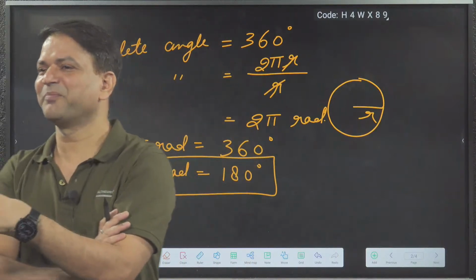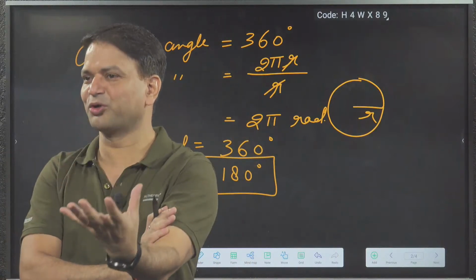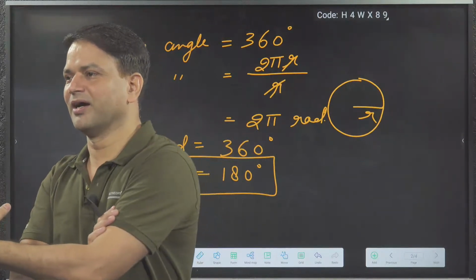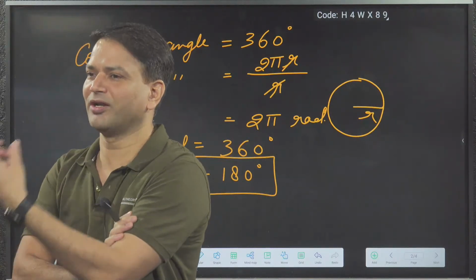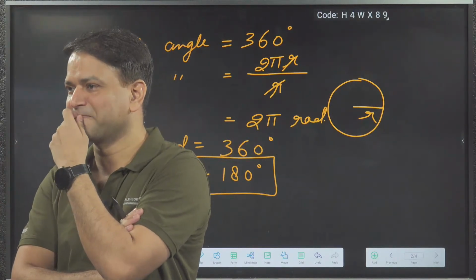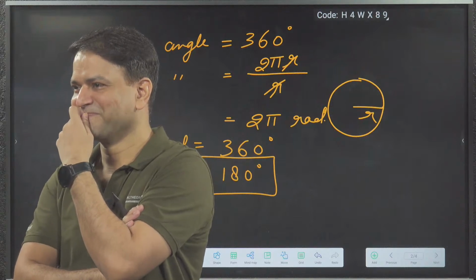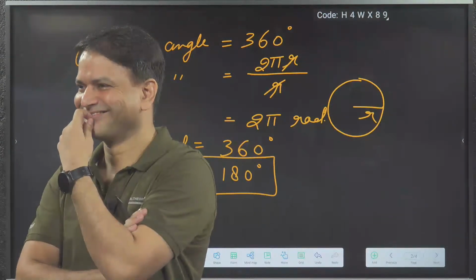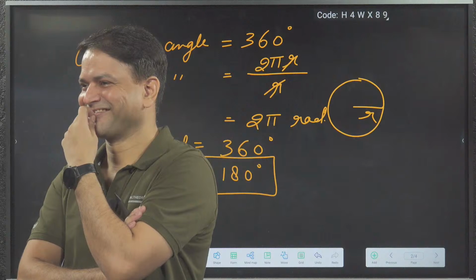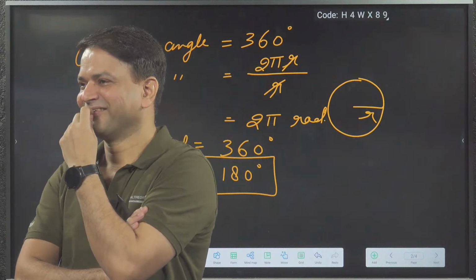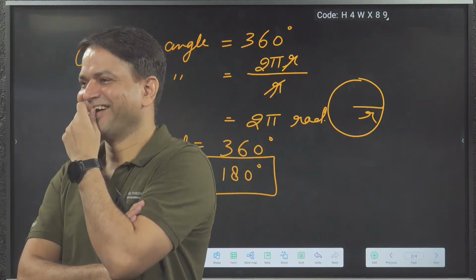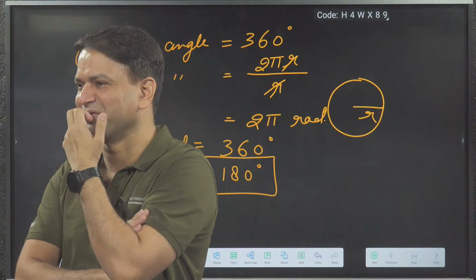If I am offering pi thousand rupees, and I am offering 180 thousand rupees, which offer will you take? Anyone? Both? Anyone, you can take.